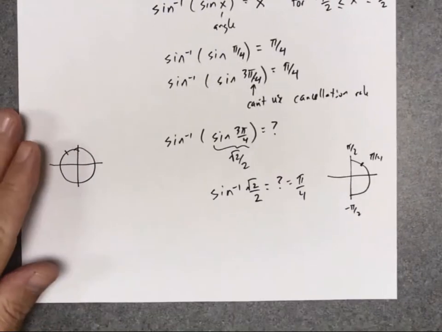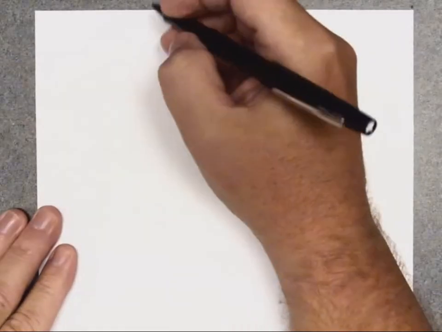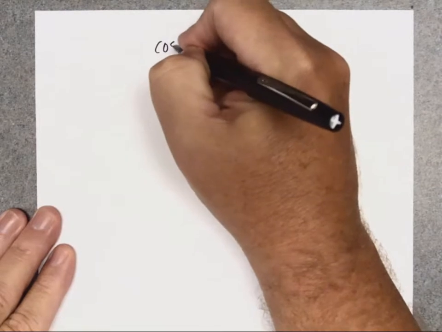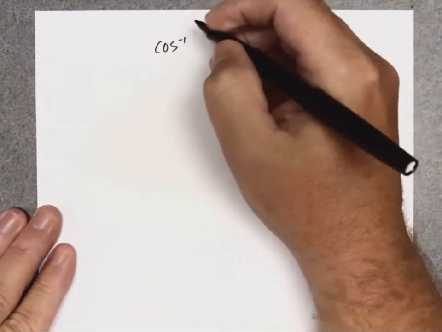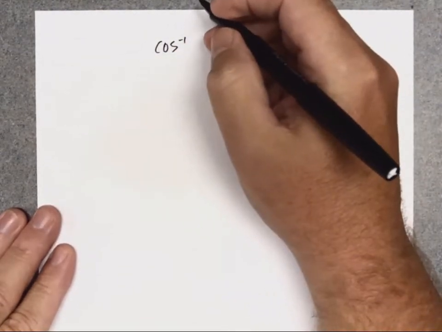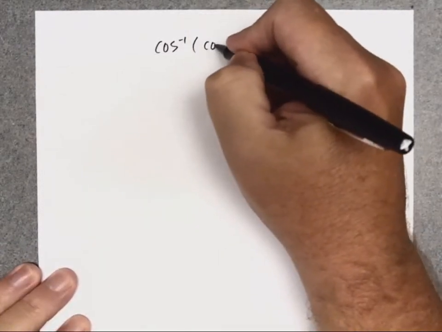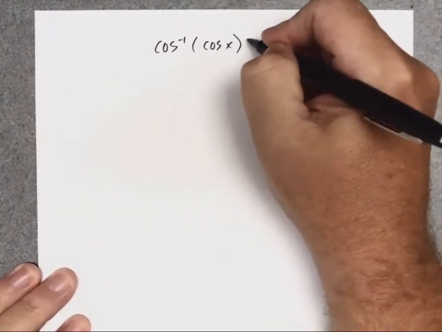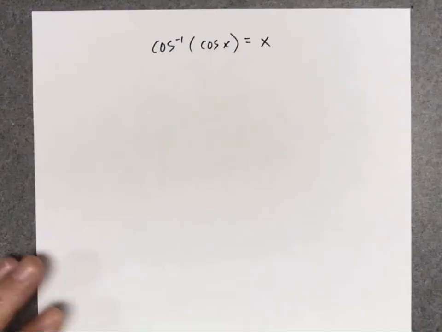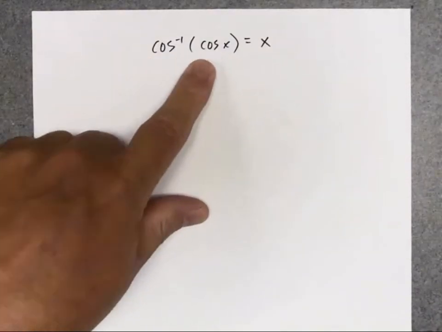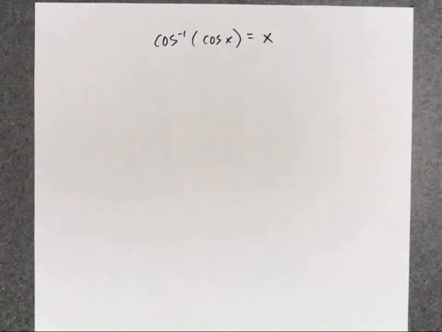Now let's think about cosine. When can we use some cancellation rules for cosine? So when does the inverse cosine and the cosine, when do they cancel out?